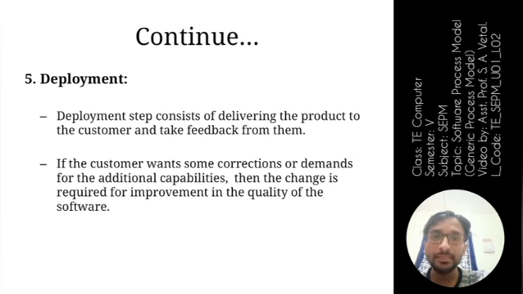The first is delivering the product to the customer, and then we take the feedback from them. In the second task, we get the feedback. At that time, if the customer wants some correction or demands additional capability, then the change is required for improvement in the quality of software, right?